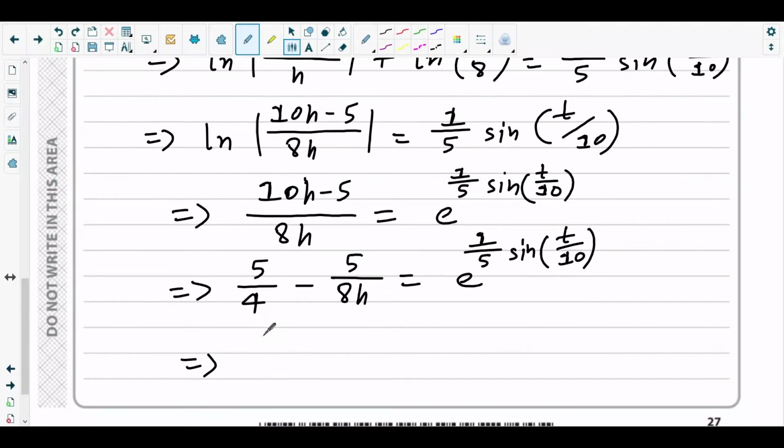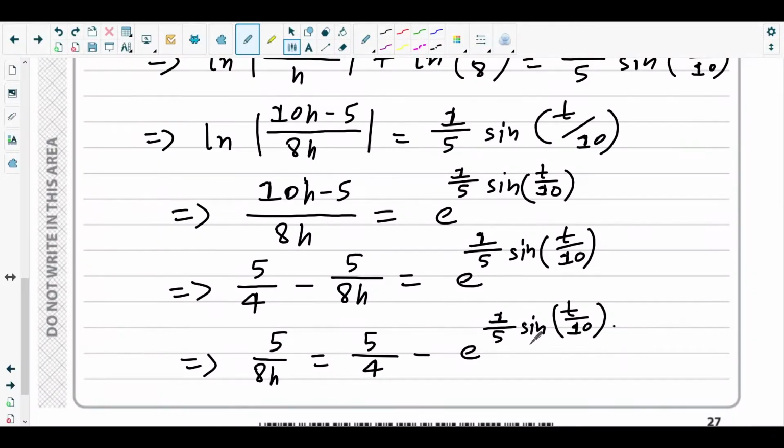Take 5 over 8h to the right side, so you will get 5 over 8h equals 5 over 4 minus e to the power 1 over 5 sine t over 10.